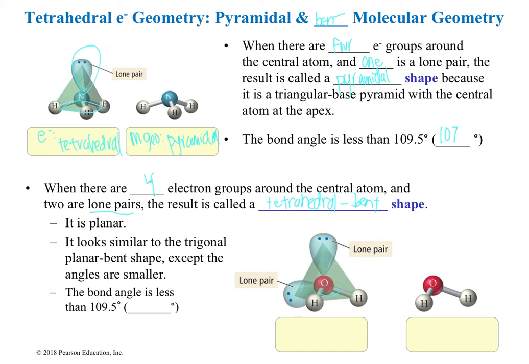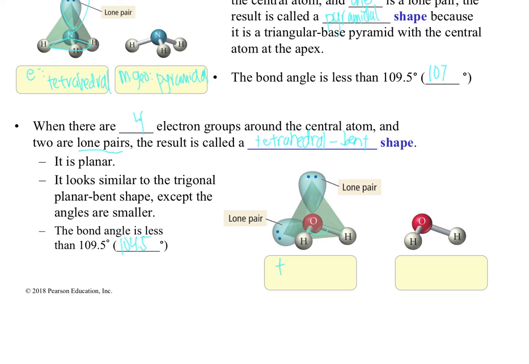And the bond angle is less than 109.5, it's actually 104.5. So anytime there is another electron group, we are going to subtract about 2.5 degrees in the case of tetrahedral. So here tetrahedral is our electronic geometry, and our molecular geometry is bent.